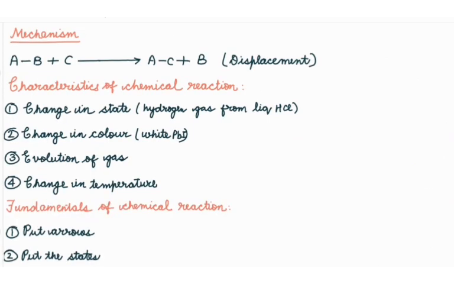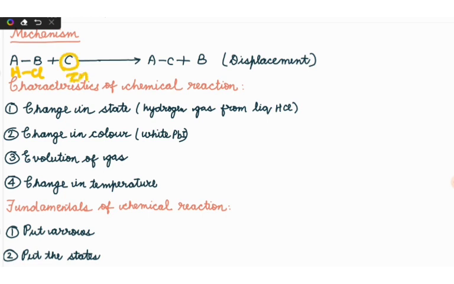Now having read this, let us see the mechanism of this reaction, that is, how this reaction takes place. I have already told you that it is just a displacement reaction. What is the meaning of a displacement reaction? It is where only one thing gets displaced. Here AB was the already existing thing. If I tell you what this AB is, it is HCl. Here A was H and B was Cl. So AB is HCl, and what is this C?